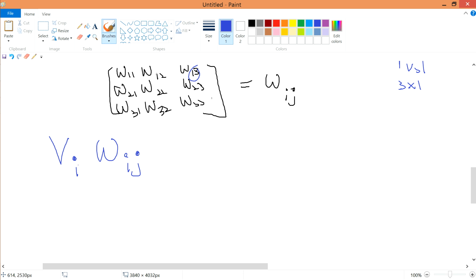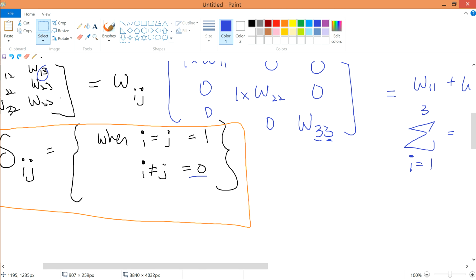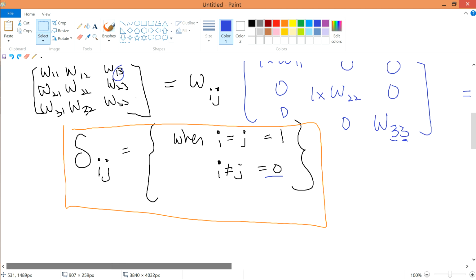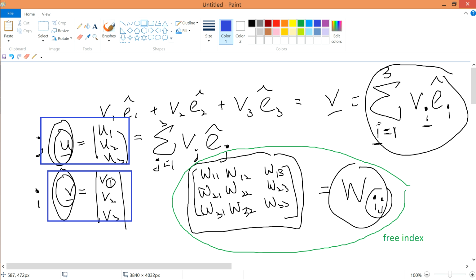As you can see, these are all the same, and we can call i the dummy index. If you remember how we achieved this matrix, it is a relationship between a vector u and a vector v. u is in terms of j, and v is in terms of i.